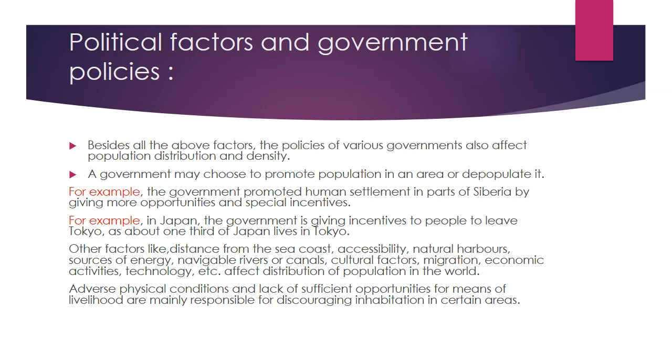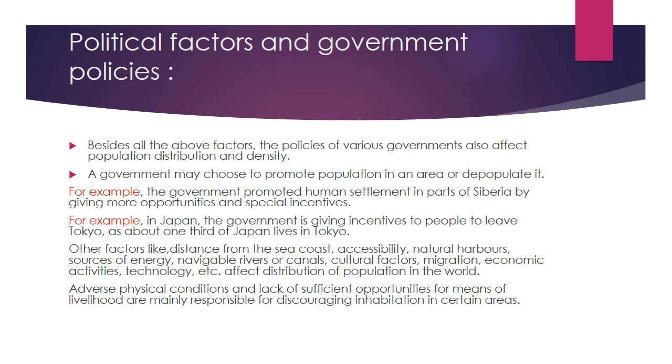Suppose there is an area with very little population, so the government can shift some percentage of people to that particular place so that the population can be medium. From which place? From a highly densely populated place. So the government can depopulate an area as well as promote population in a particular area.